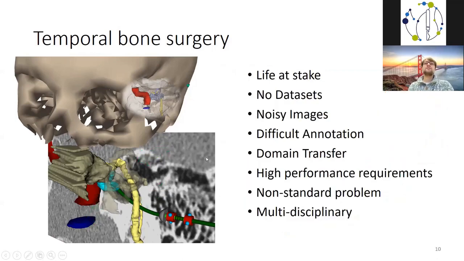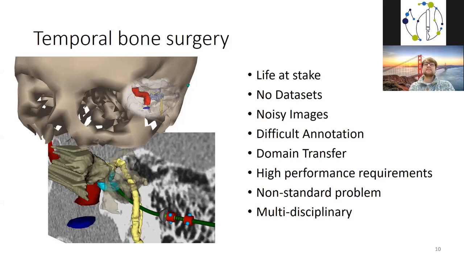So the challenges in this are that obviously it's surgery, so it's life at stake. Then there is no real data set for this task available. Images are typically very noisy in X-ray imaging. Annotation is extremely difficult because there is no real way to do non-manual annotation.